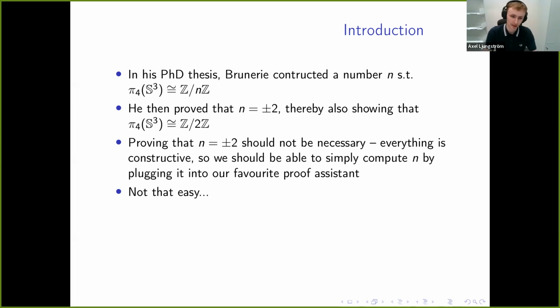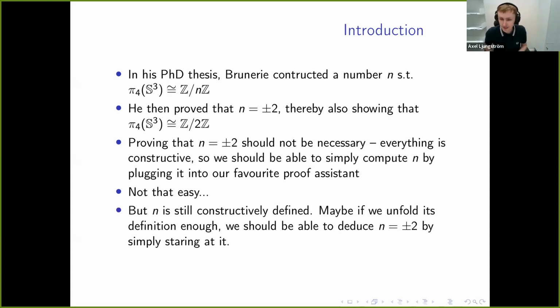So what we had to do instead was, Anders and I formalized this theorem. But I was a bit annoyed because I still felt we should be able to see directly why n is equal to plus or minus 2. This number n is constructively defined. In HoTT, we can really expand terms and look at what they look like.